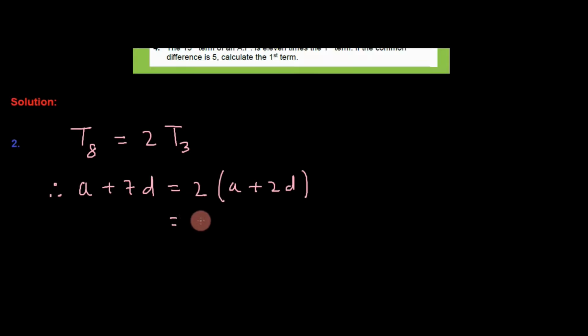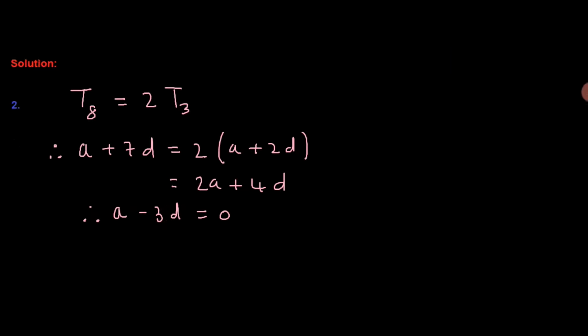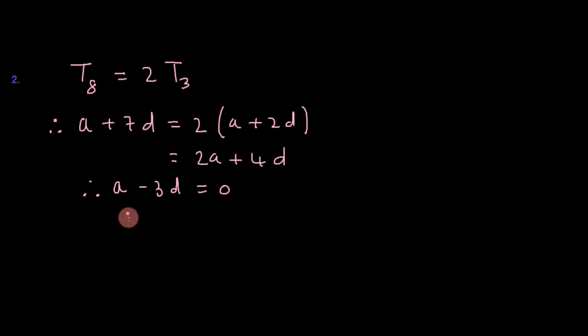We can simplify, bringing everything to one side. 2a minus a is a, and 4d minus 7d is minus 3d, and this is equal to 0. We can actually make a the subject in this equation, so a is equal to 3d, and we're going to call this equation 1.